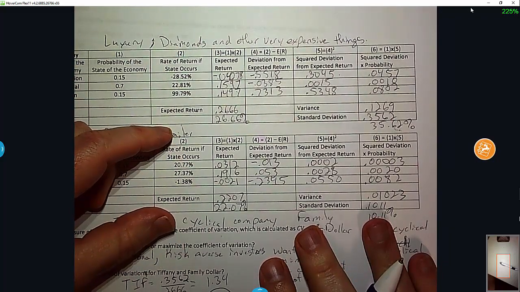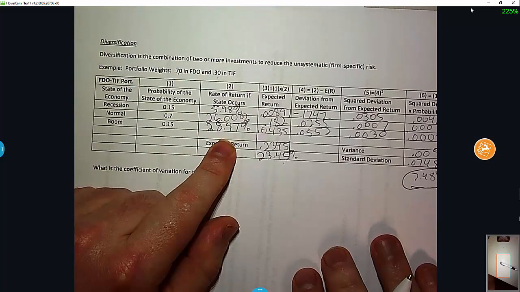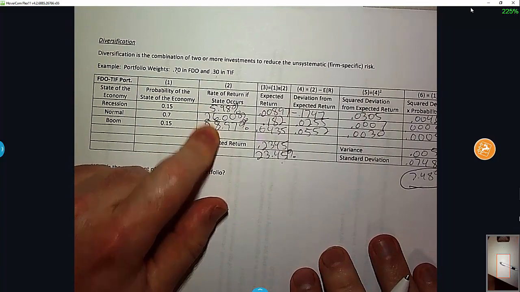So I mentioned the range before. Here the range is about 130%. Here the range is about 29%. Here the range in outcomes from our highest to our lowest is 29, actually, so it'd be 29% minus 6 or 23%.